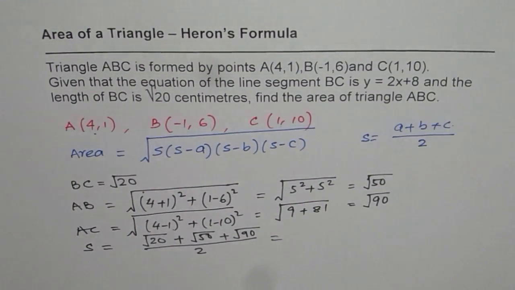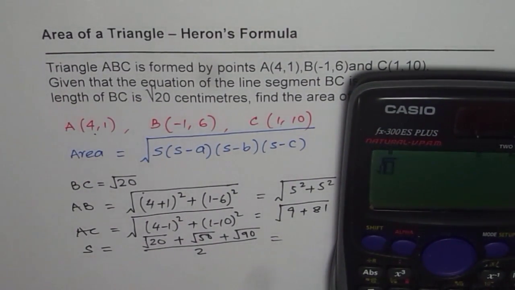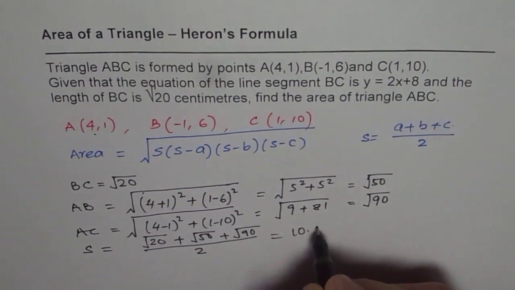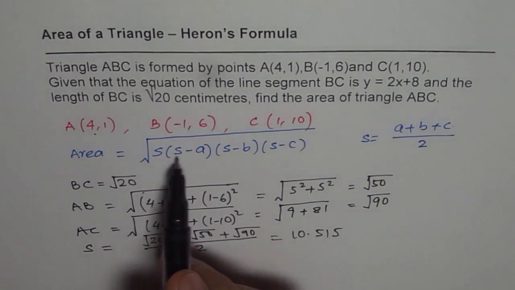So square root of 20 plus square root of 50 plus square root of 90 equals 21.03. Let's divide 21.03 by 2, which gives us 10.515.